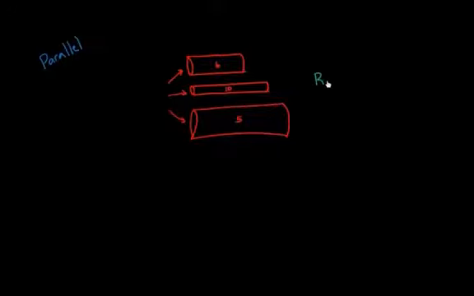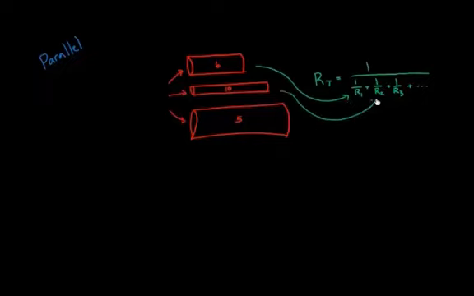Well, the total resistance this time is going to be 1 over 1 over R1 plus 1 over R2 plus 1 over R3. And you can go on, just as before. But in this case, we only have 3, so let's just put that there, and that there. And I can figure this out pretty easily. So I can say 1 over 6 plus 1 over 10 plus a fifth.